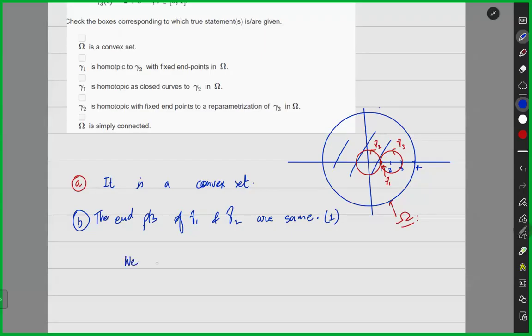We have a linear homotopy from gamma 2 to gamma 1. You just pick any point and the line joining it, and you can deform like this.